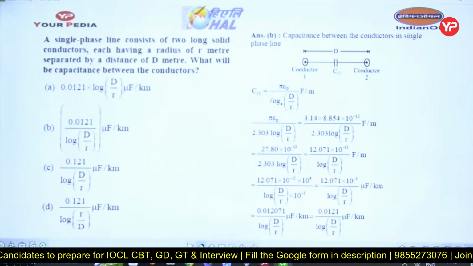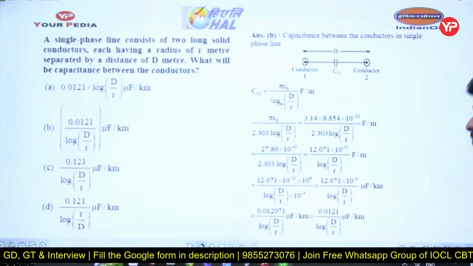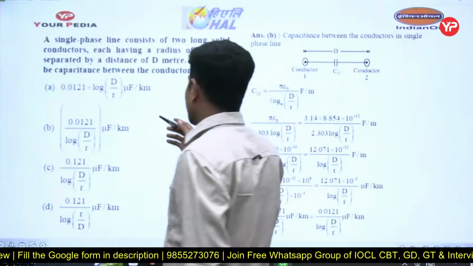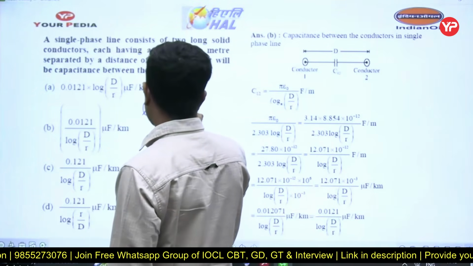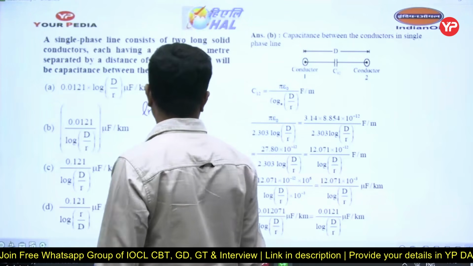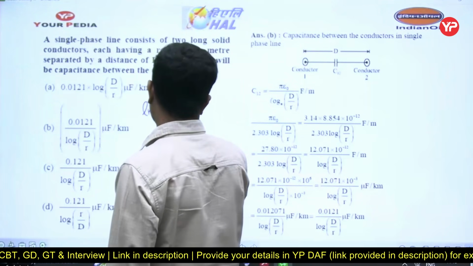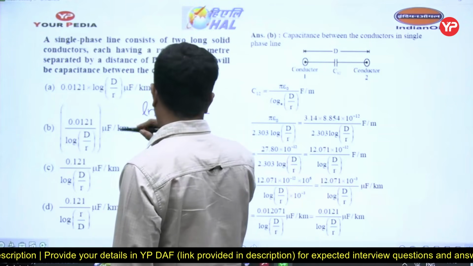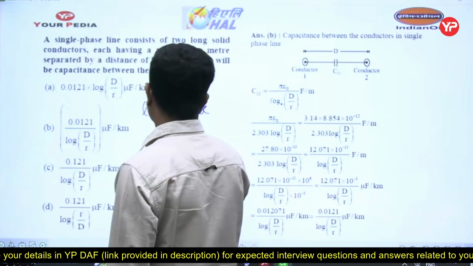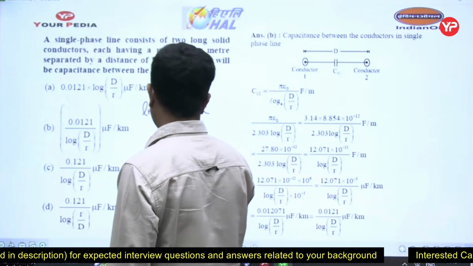Yes. Option B. I'll do this. Very simple. We know the capacitance formula, but see, ln of D by r we have, capital D we taken. Let us take D by R equal to some x. Apply e power on both sides. So D by R is equal to e power x.